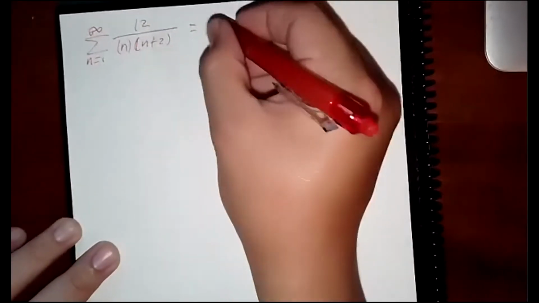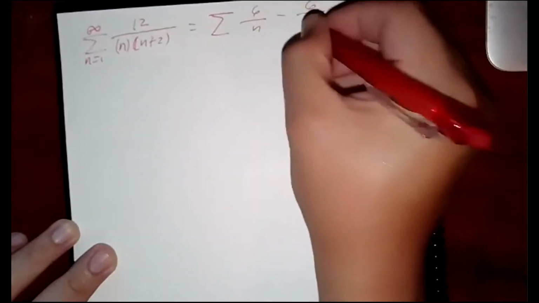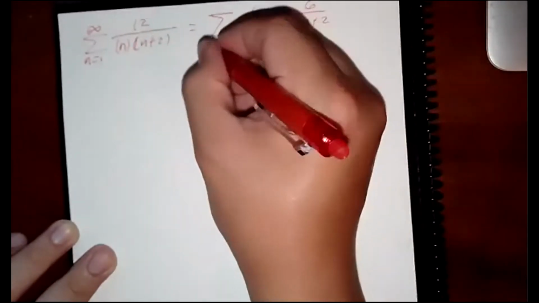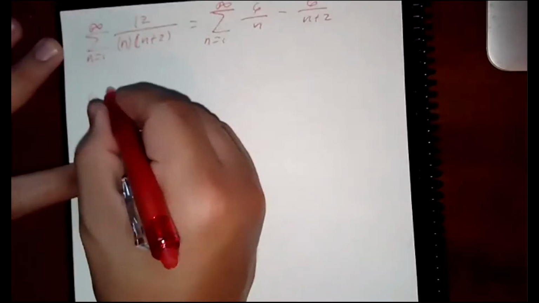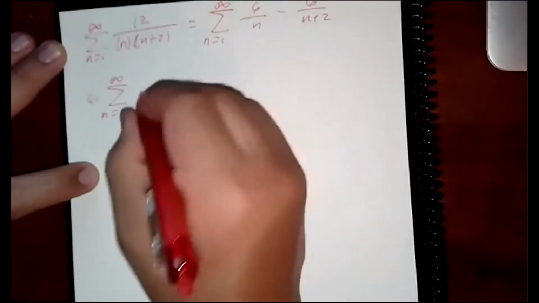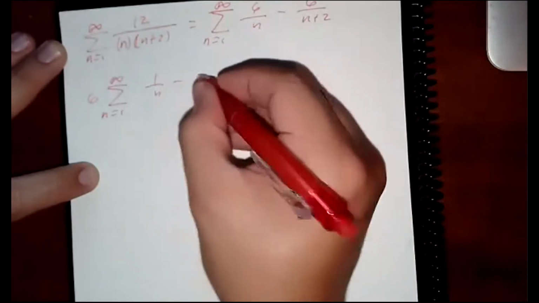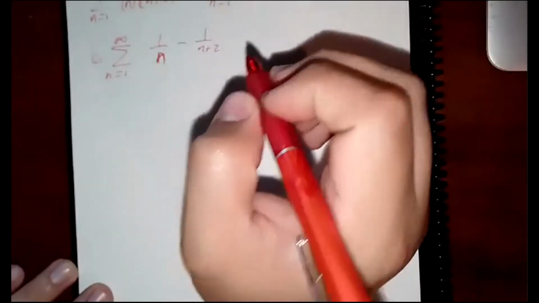Then we separate that as 6 over n minus 6 over n plus 2. We can pull out the 6 in front, which will leave us with 1 over n minus 1 over n plus 2. So now if we do the partial sum approach on this one, it'll be more clear.